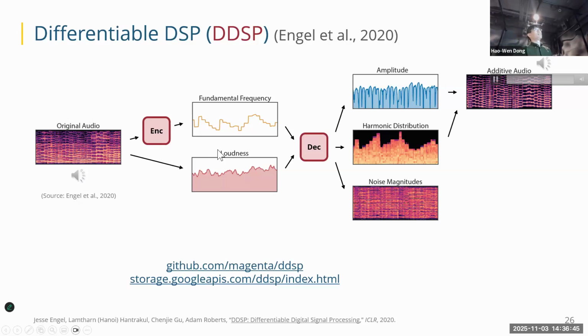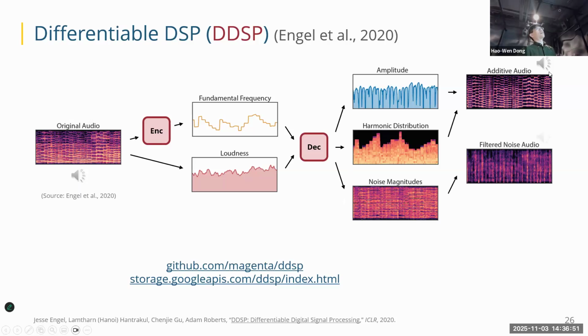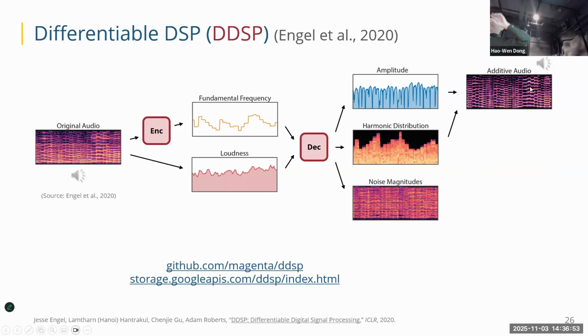So you can imagine what's going on here is that you only have the fundamental frequency information, you know how loud it is at each particular point, and you know how that timbre is like. And you try to replicate that with the perfect additive synthesis.